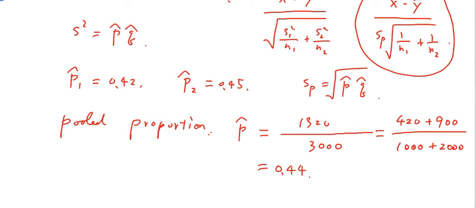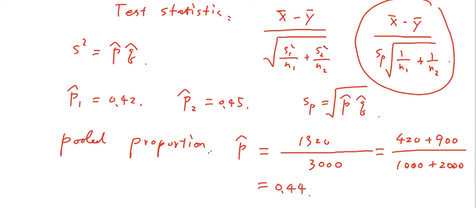Okay, so we understand the pooled proportion. We just put these two samples together, pool them together, right? So we can find this test statistic. Let's say x bar minus y bar.